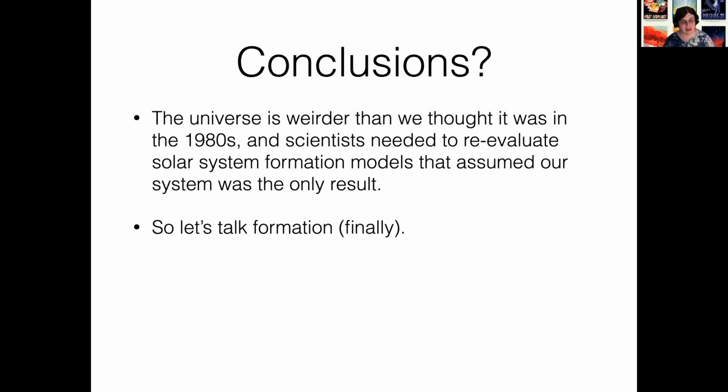And this means that since our solar system formation theories were originally developed for one system, after we started finding planets in the 1990s and the 2000s that were very different from ours, we needed to make sure those fit in our explanation for how you make planets. So that's the next place: we need to take all this stuff we've been learning for the entire term and bring it together to answer the question of where planets come from.